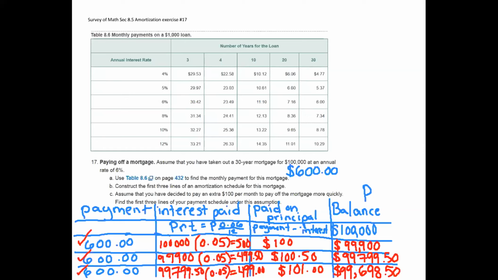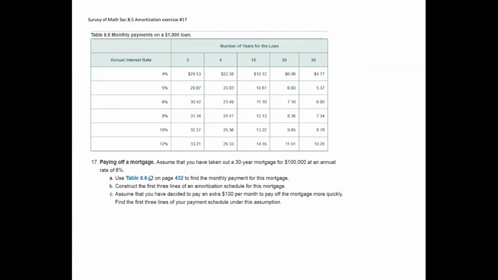Part C says, assume that you have decided to pay an extra $100 a month to pay off the mortgage more quickly. Find the first 3 lines of your payment schedule under this assumption. So let's take a look at what changes then. Now our monthly payments are going to be $700 a month.